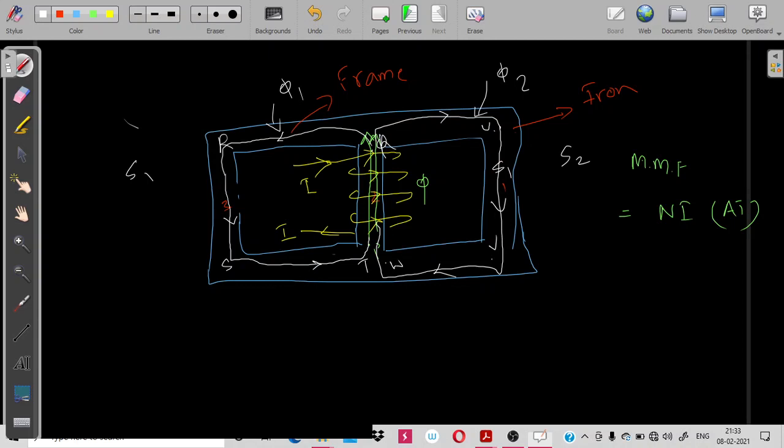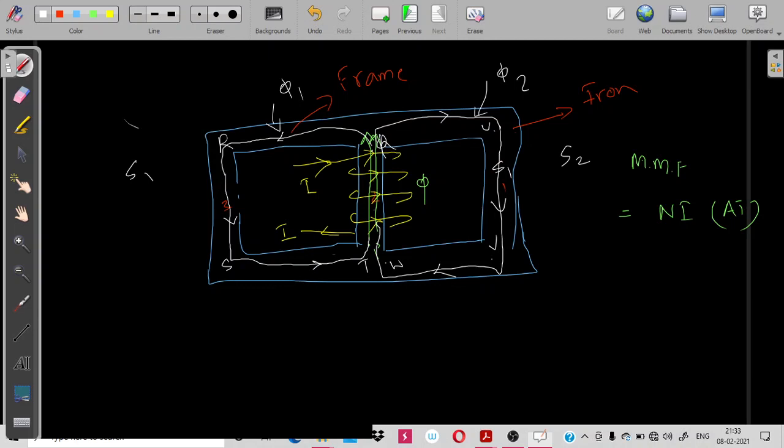Similarly, on the other side we have Q, R, S and T. This portion, that means the portion excluding the winding portion, has reluctances S1 and S2.